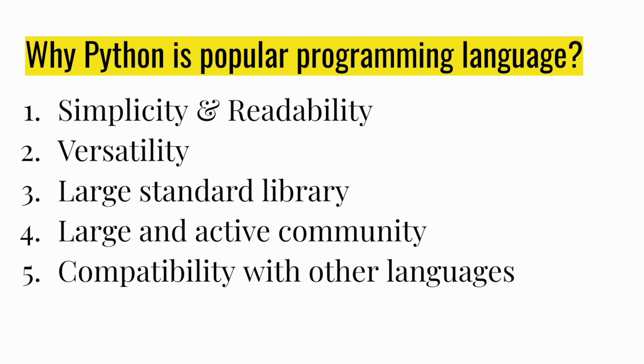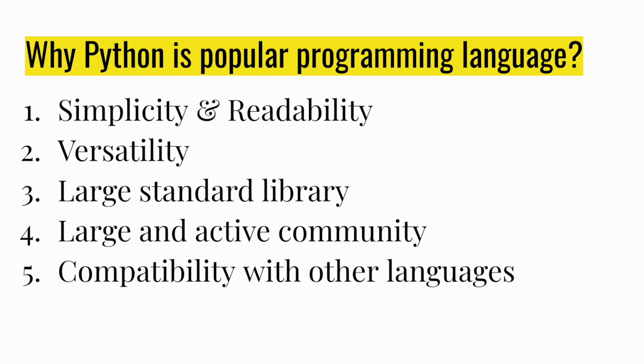Large and active community. Python has a large and active community of users, which makes it easy to find help and support when needed. There are also many resources available for learning Python, including books, online courses, and forums. There is a massive open source community surrounding Python as well, developing incredibly powerful libraries that you can take advantage of.